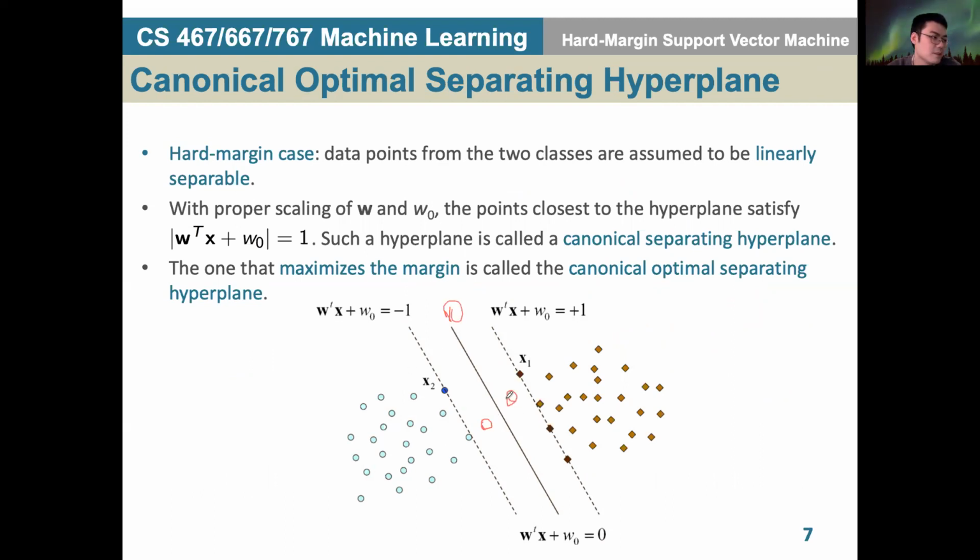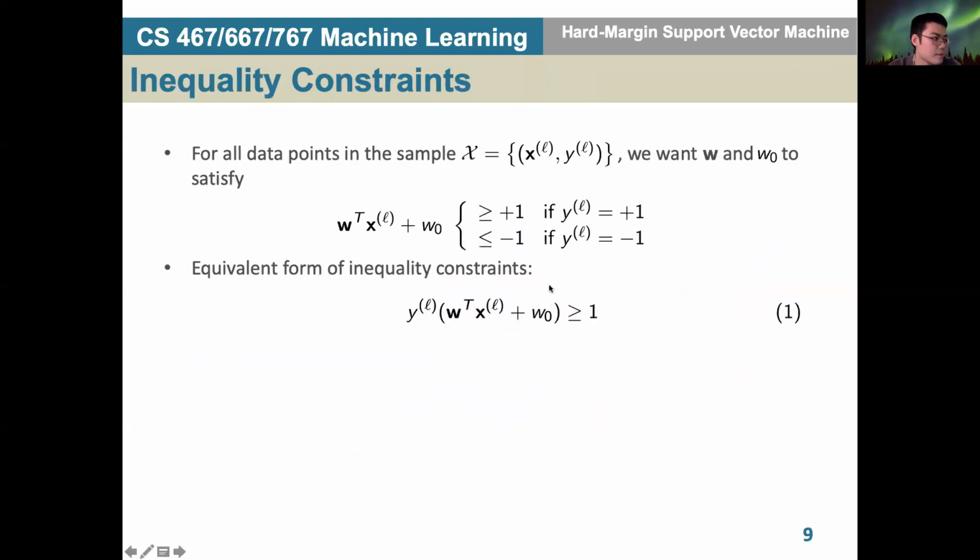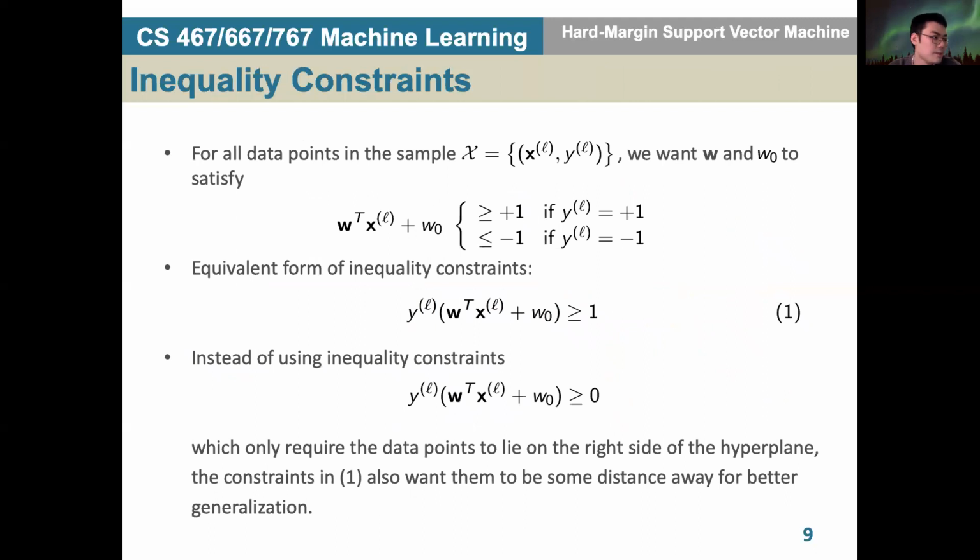But it does not generalize well because the margin is smaller. So here we do require the data points to be more than just on the right side of the hyperplane, because we want some distance away from the hyperplane. Any questions?